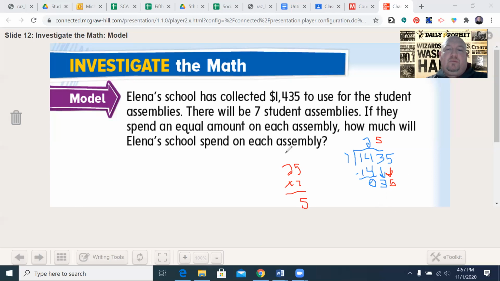Put the 5, regroup the 3. 7 times 2 is 14. 175. But is that what, in fact, we did? Is that 1435?